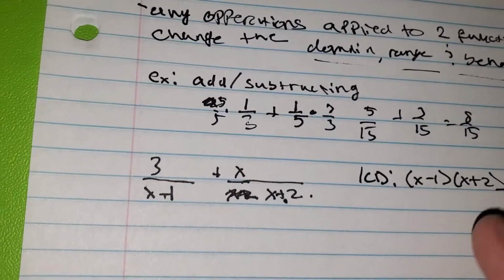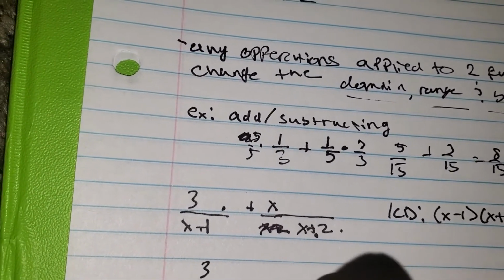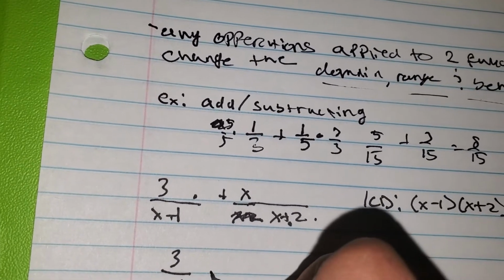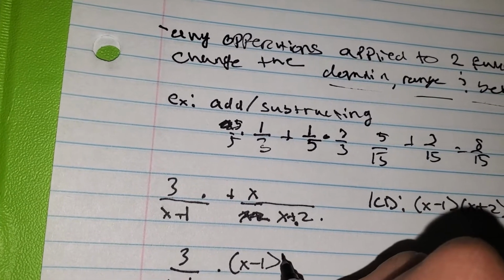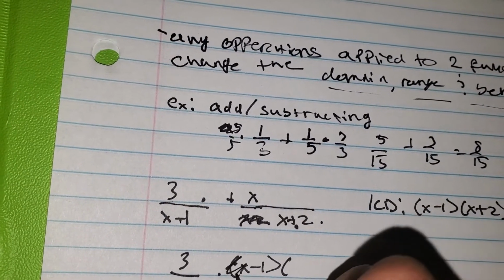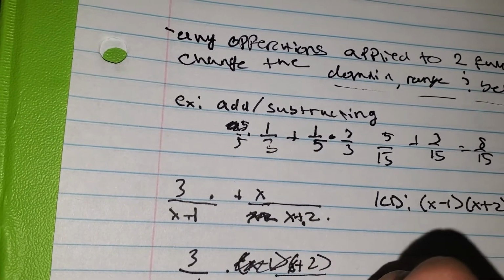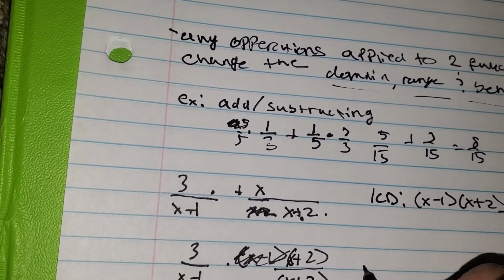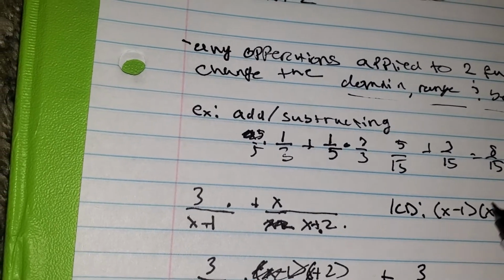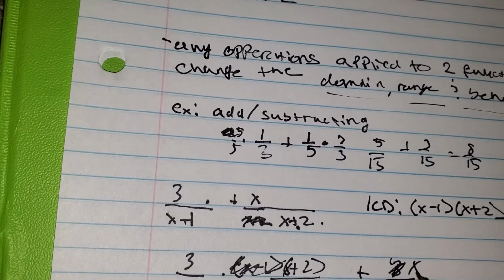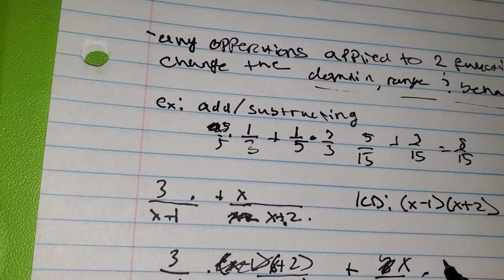Then we multiply each fraction by what it needs. For 3 over x minus 1, we just need x plus 2 in this case. Plus x over x plus 2, and we're going to multiply by x minus 1 on this one.